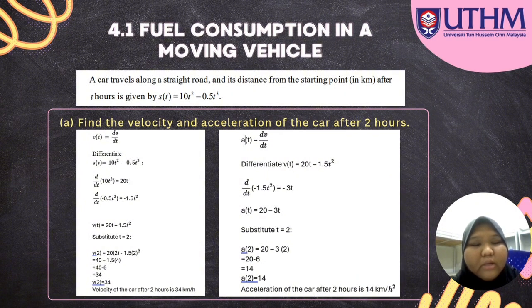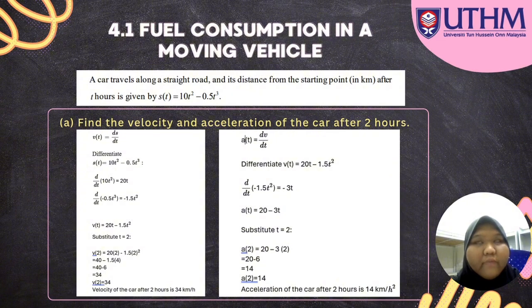So v(2) equals 20(2) minus 1.5(2) squared, which gives the answer 40 minus 6 equals 34. Therefore, the velocity after 2 hours is 34 kilometers per hour.